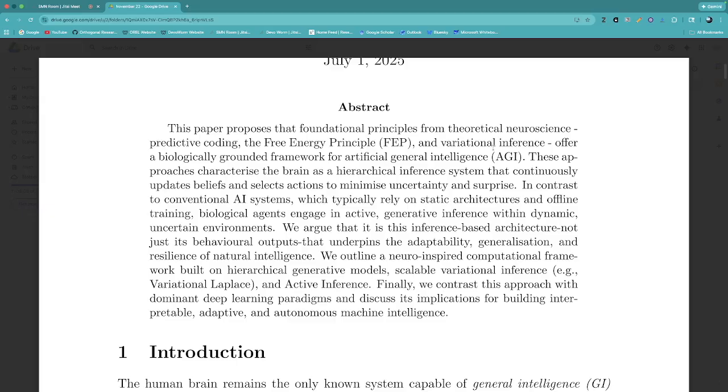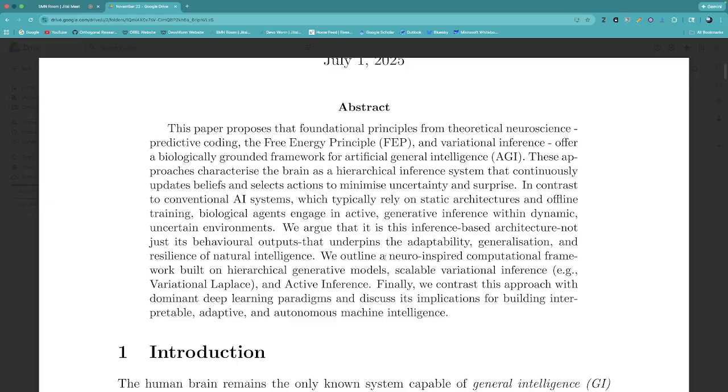We outlined a neuro-inspired computational framework built on hierarchical generative models, scalable variational inference, like variational Laplace, and active inference. Finally, we contrast this approach with dominant deep learning paradigms and discuss its implications for building interpretable, adaptive, and autonomous machine intelligence.